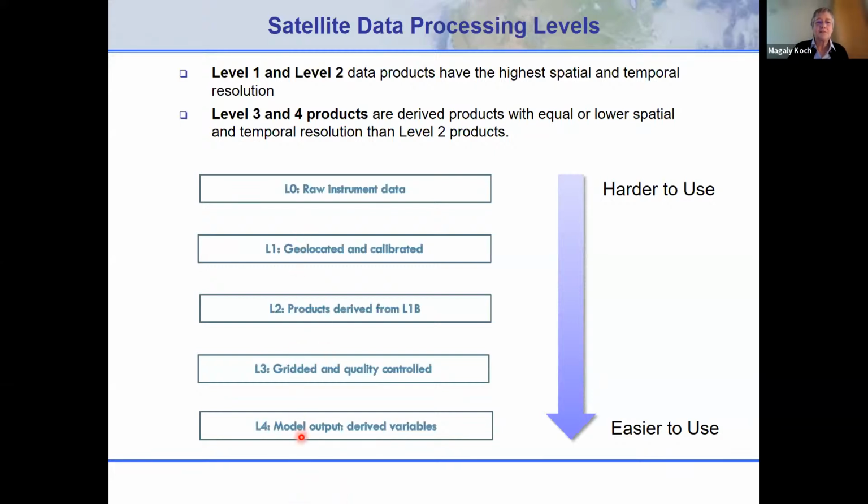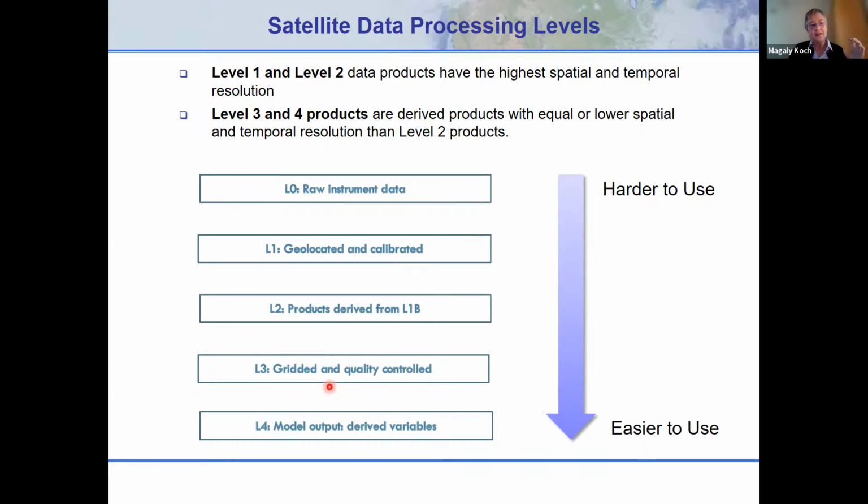And the different levels mean that the raw image was processed up to a certain level and generates either geolocated, calibrated data, or some geophysical properties were extracted from the image and are made available to the user. That's level 3.